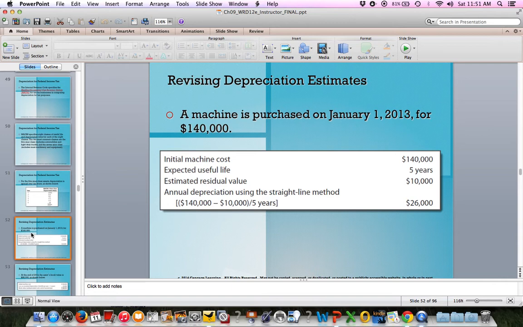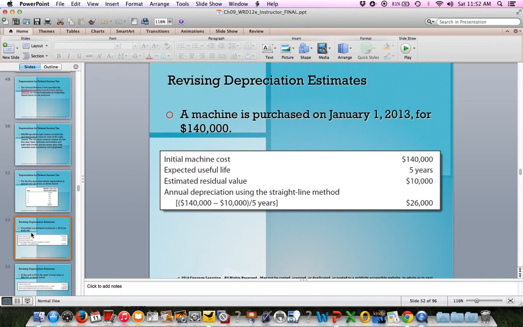I'm guessing useful life, either in terms of time or units of output, and I'm also guessing a residual value. We use the best information we have when we buy the asset. But as we begin to use it, we may realize we didn't make the best decision, or we become aware of better information, and we believe this asset may last longer or less, or may have a different residual value than we originally thought.